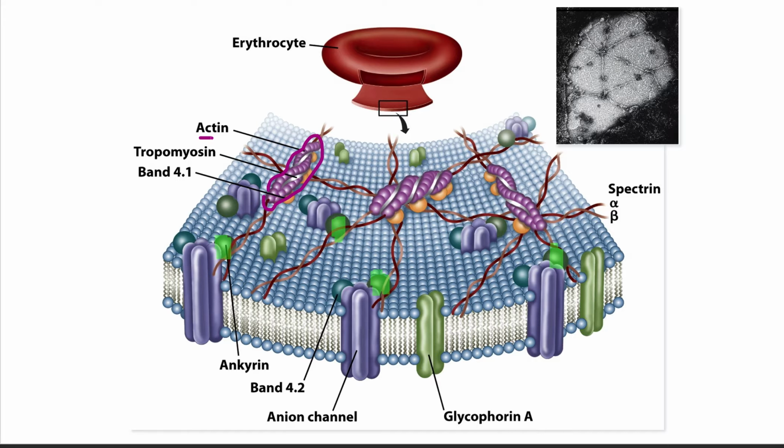So overall, what you have is a complex network of cross-linked spectrin molecules that are attached to the cytoplasmic face of the membrane, which helps stabilize it and helps it be resistant to deformation. And the different proteins that we see, protein 4.1, also known as band 4.1, help regulate and stabilize the overall membrane structure.